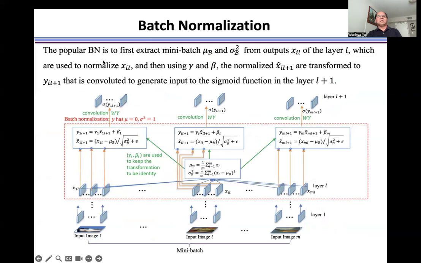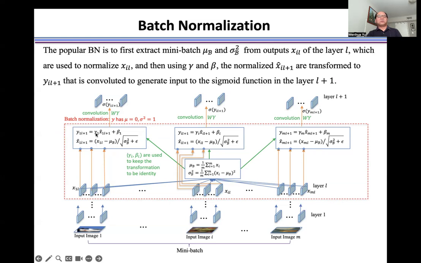The popular batch normalization is first to extract mini-batch mean and covariance from the output of layer L. And then we use this mu and sigma square as a reference to normalize x to x hat.